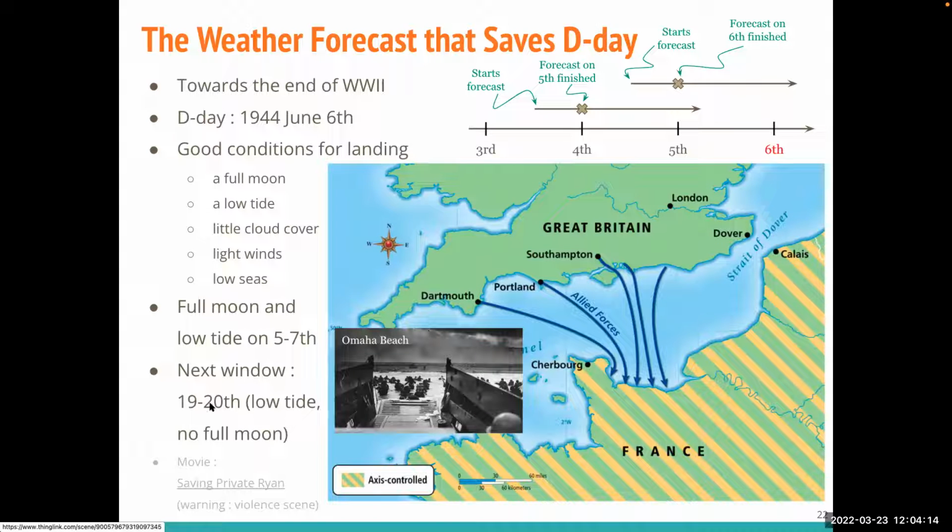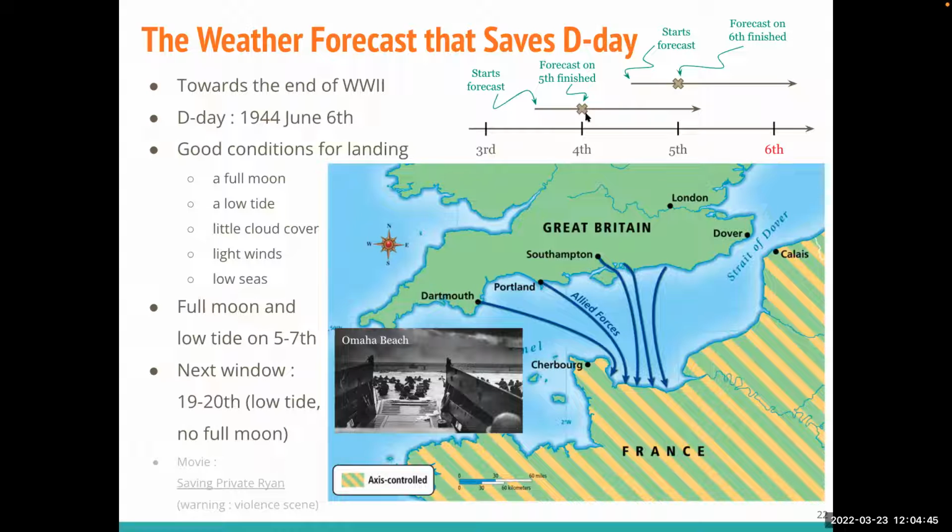The full moon and low tide were on the 5th to 7th. So that's the time window they had. And why did they do another forecast before that? Because they wanted to see if their method was good enough. If you're sitting here, you know that your previous forecast was good because you are already here, right?